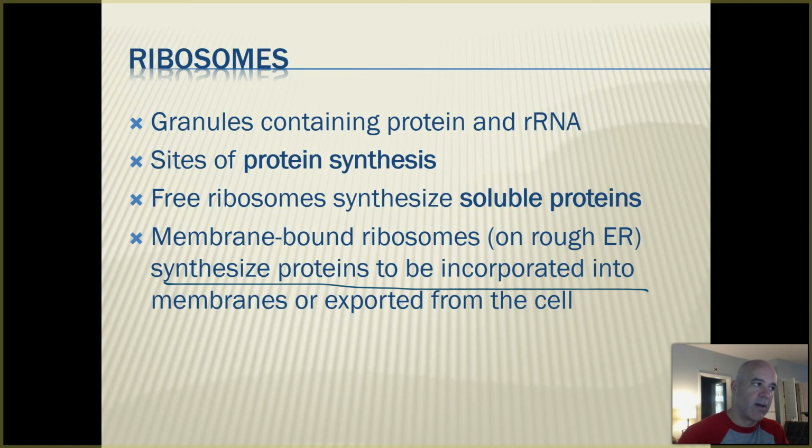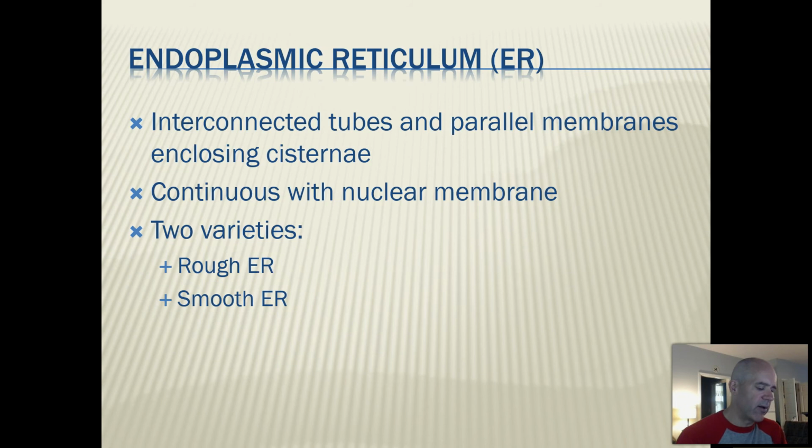They actually have to be stuck into a membrane, or sometimes cells make proteins that have to be exported by exocytosis, if you remember that term, a type of vesicular transport. And those types of proteins also get made by these ribosomes that are attached to the rough ER inside a cell.